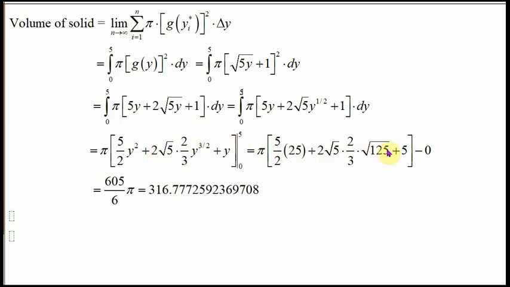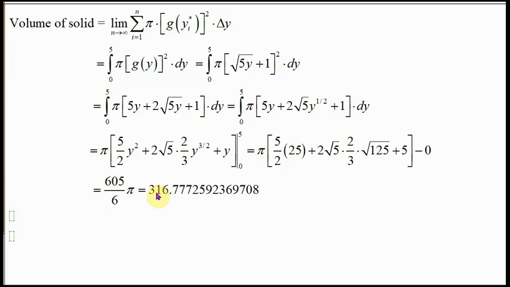And when y is 0, we just get 0. And then simplify here, we get 605 over 6 times pi, which is 316.777259.